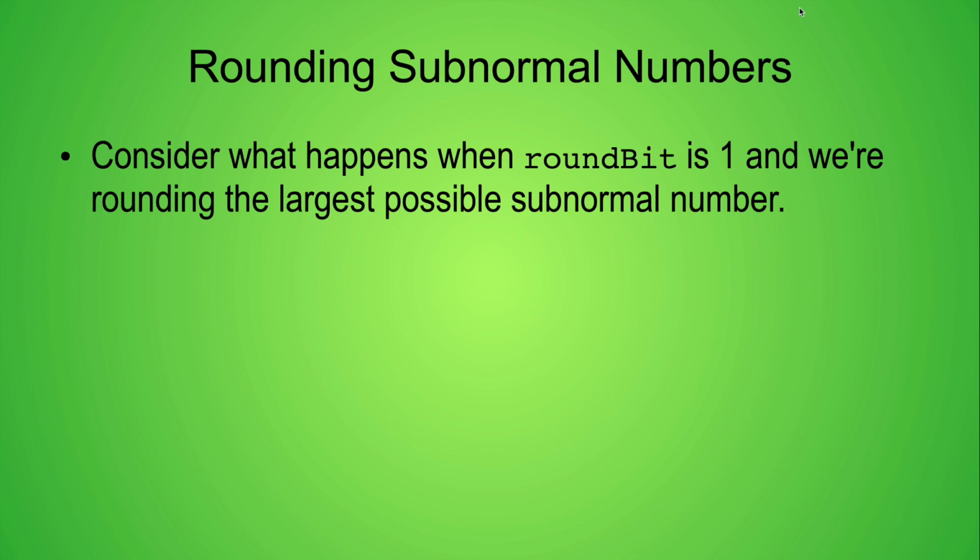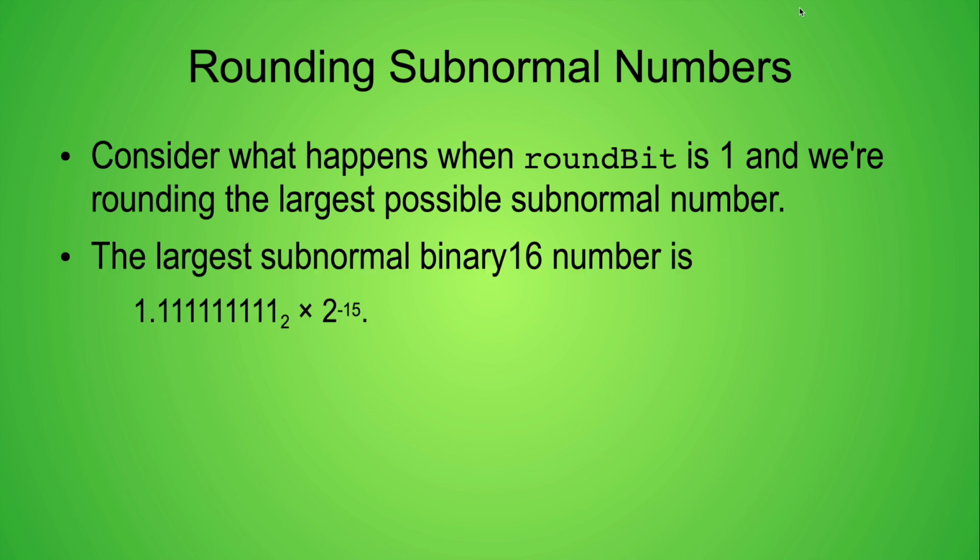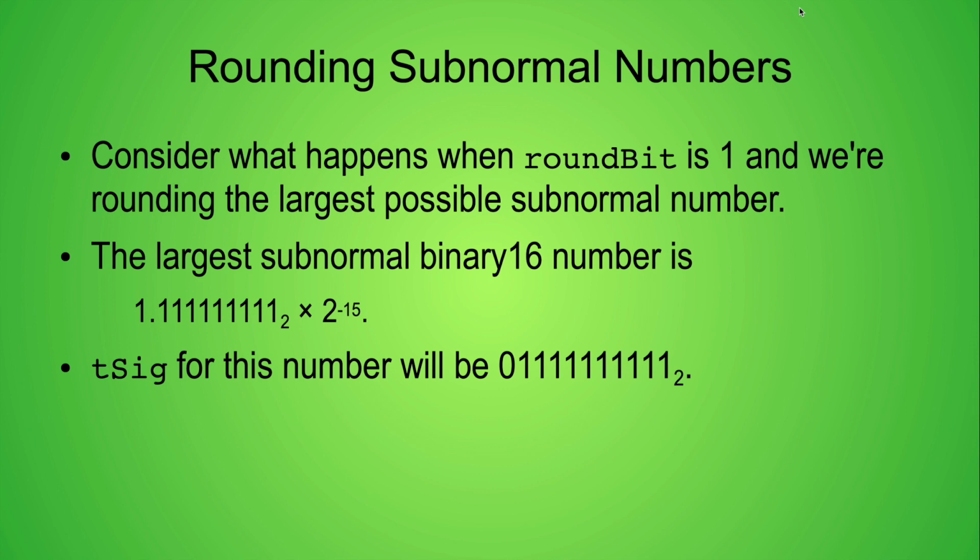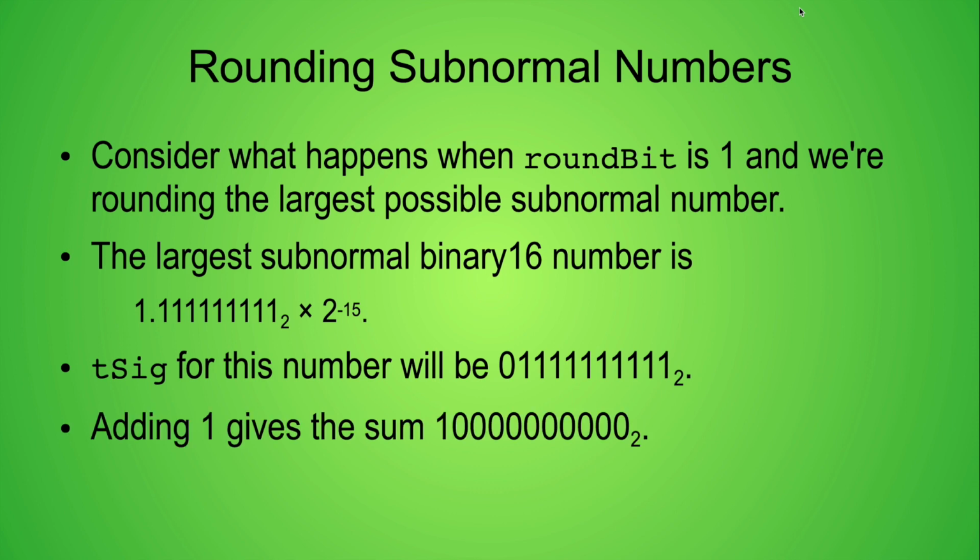What happens when roundBit is 1 and the number being rounded is the largest subnormal value? We can write this subnormal value as 1 point followed by 9 ones times 2 to the -15th power. The t-sig value for this number will be 0 followed by 10 ones. Adding 1 gives us the sum 1 followed by 10 zeros.